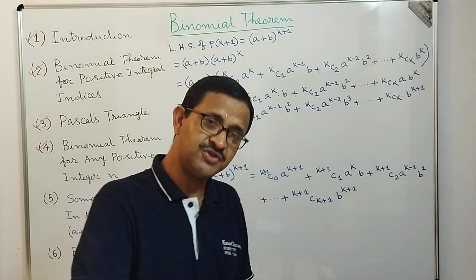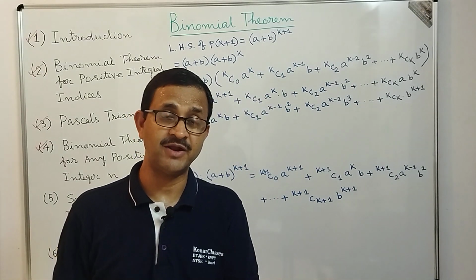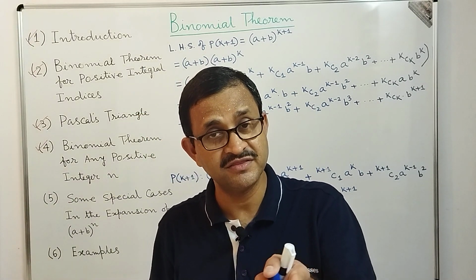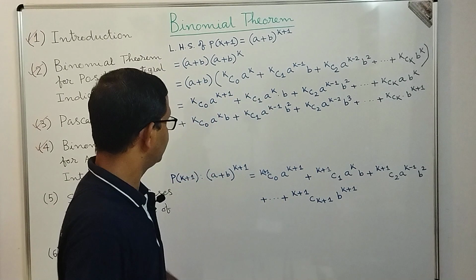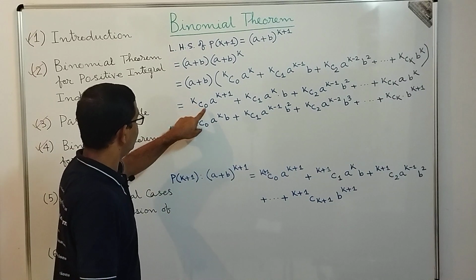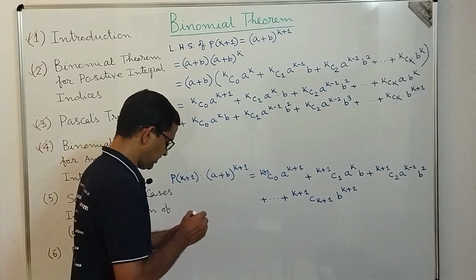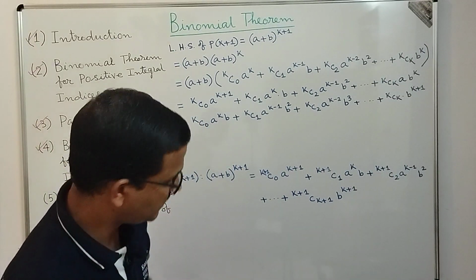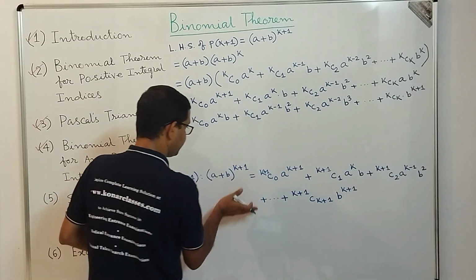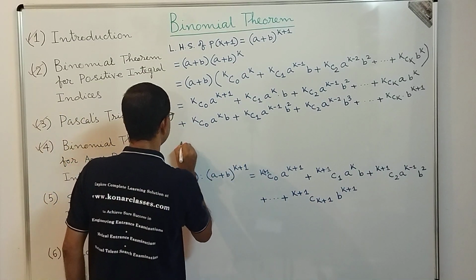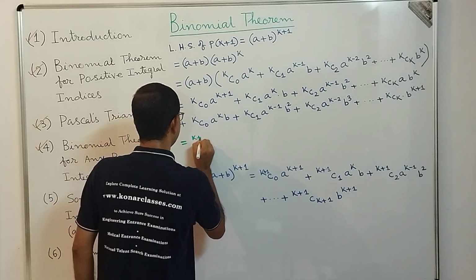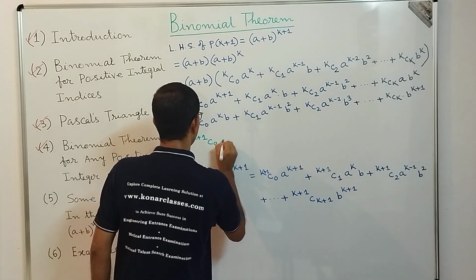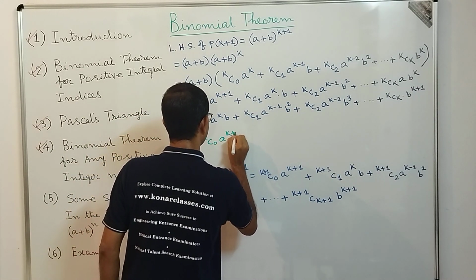So if kC0 is equal to 1, irrespective of the value of k, then (k+1)C0 should also be 1. So instead of kC0, we are writing (k+1)C0. So let me use a different color, so that you can make a difference between these two. So we can write (k+1)C0 into a^(k+1).